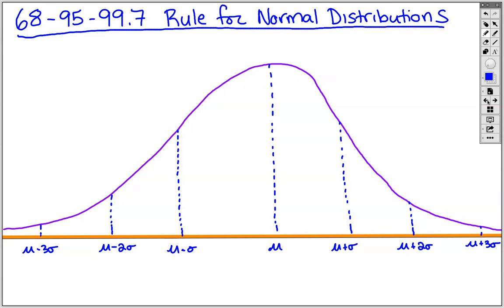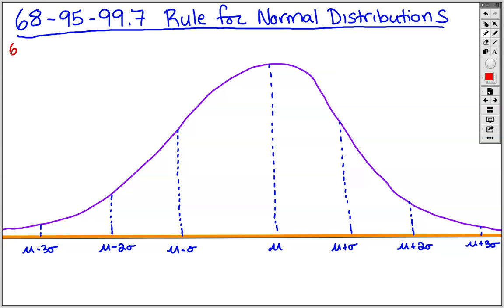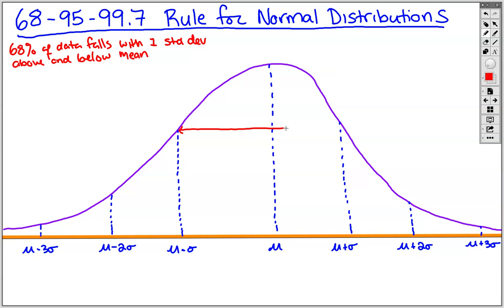Okay, so the first rule in this set of rules is 68% of data falls within 1 standard deviation above and below the mean. So here is 1 standard deviation above and below, and we know that 68% of the data falls in there.